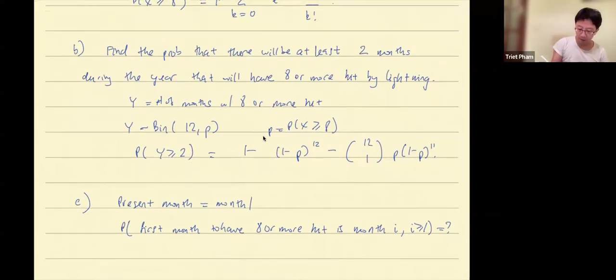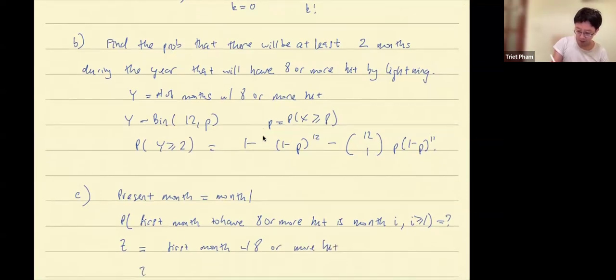Right, exactly. So you let Z be the first month with 8 or more hit, then Z will be geometric p.